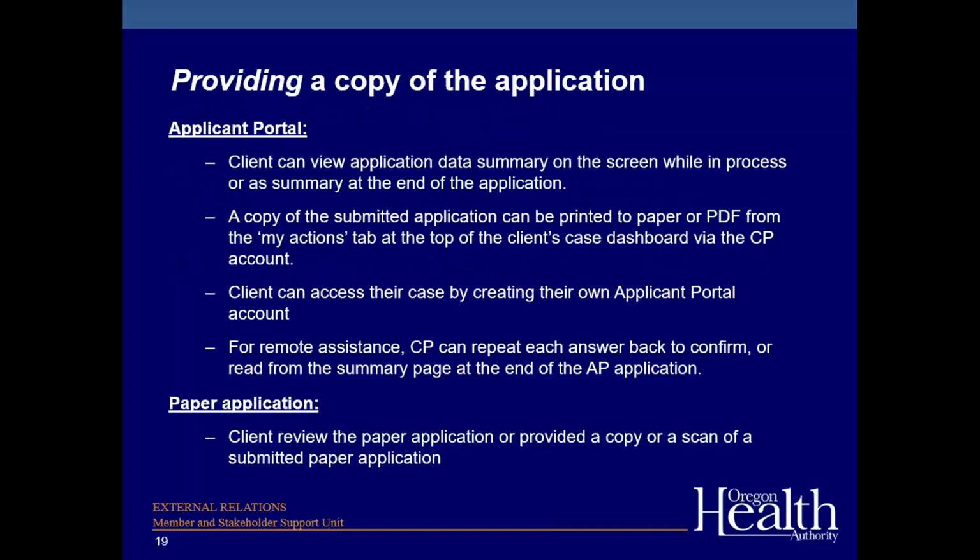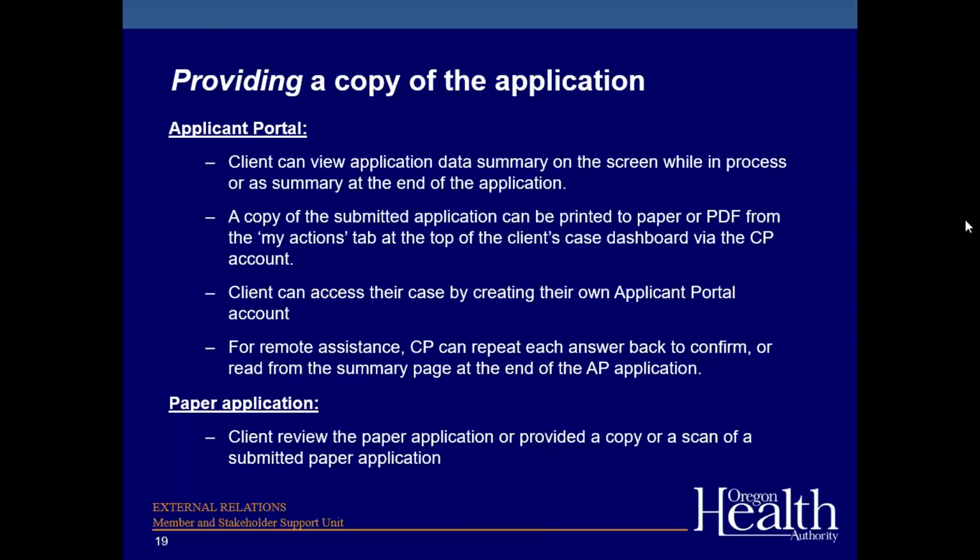And thank you. So here is where to find the application information that has been submitted. In Applicant Portal, you have a few options to help someone understand what is being submitted. The first is, I think, something that Deanna already pointed out: while you go through the application, you can have it set up in a way where the client can see everything you are typing and confirm that that information is what they mean to send into the state.